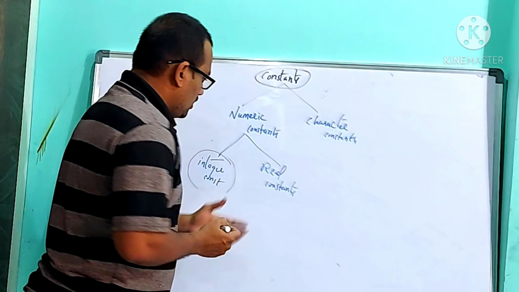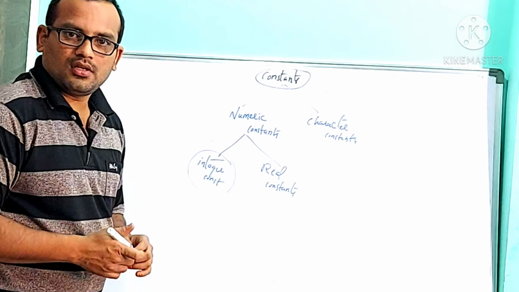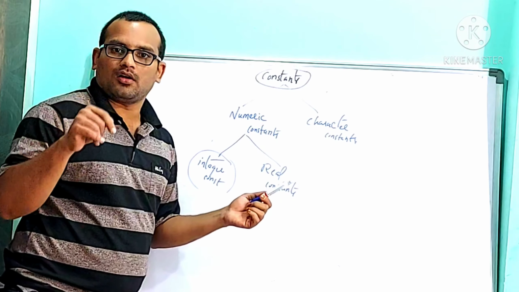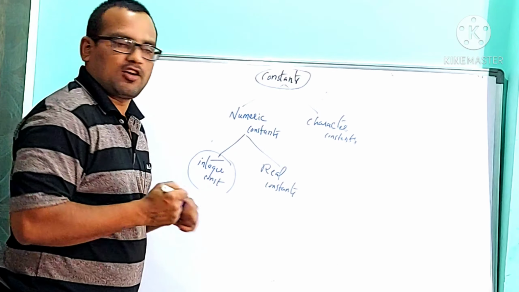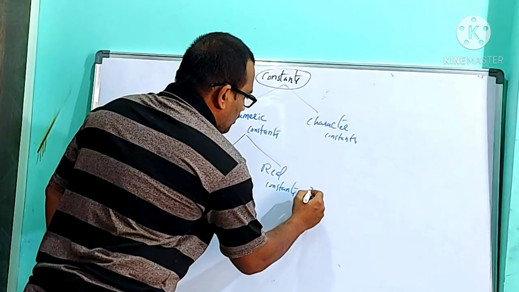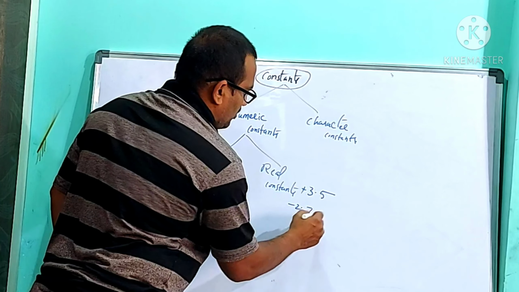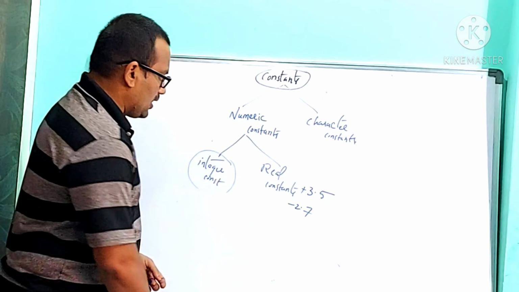Real constants are the real values, which contain dot values like 2.5, minus 3.6. All of these come under real constants. For example, 3.5, plus 3.5, minus 2.7. So these are called real constants.